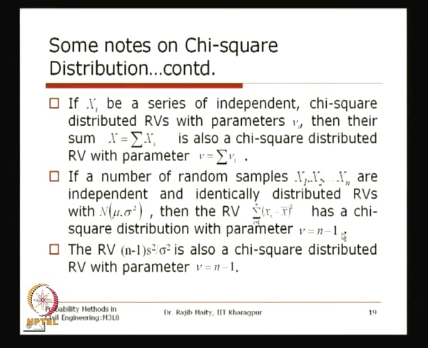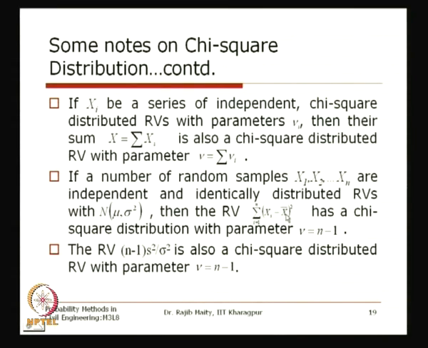Now, there are 2 things here. The first one is that we have n random variables, all with identical distribution, which is a normal distribution with their parameters.